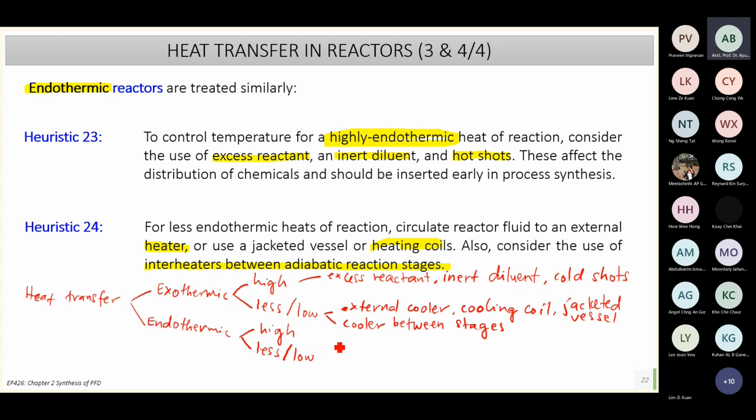Okay, similar for endothermic. For highly endothermic, you should consider the excess reactant, inert diluent, and hot shots.